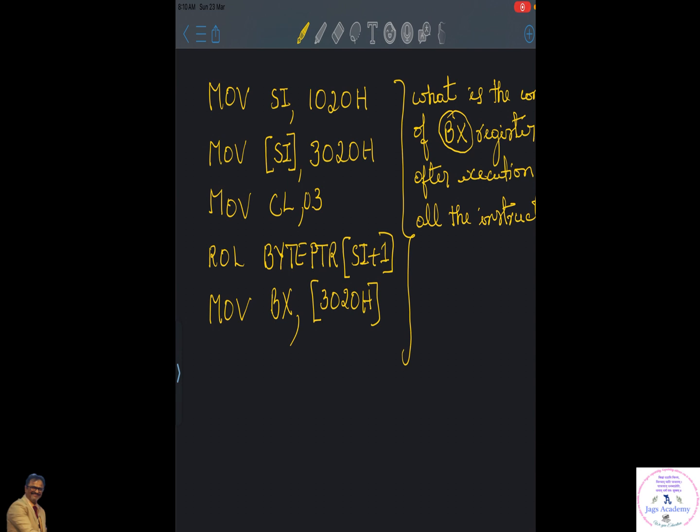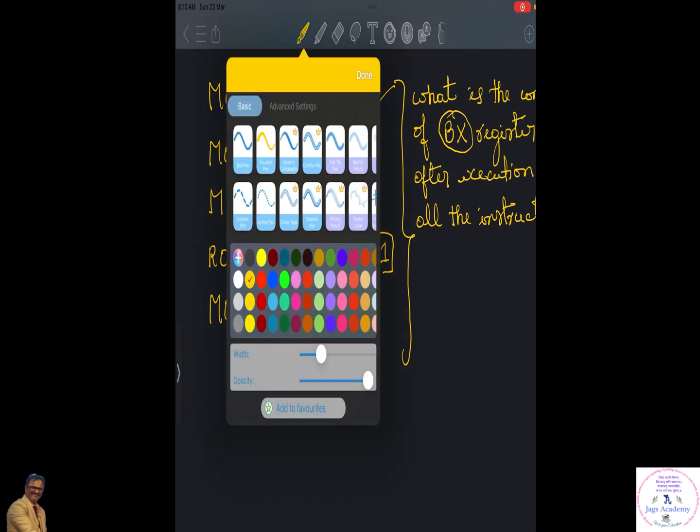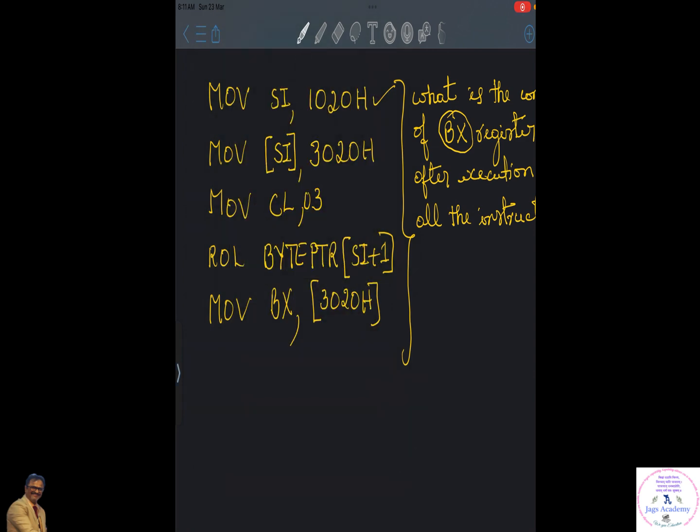Now you see, the first instruction is MOV SI, 1020H. So what you will be doing in this, you will be loading the content into the SI register.